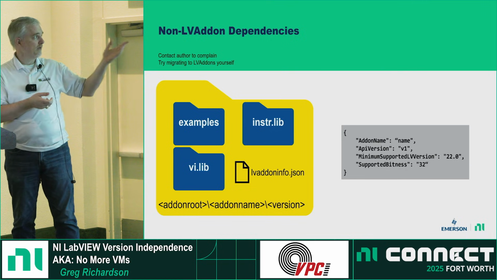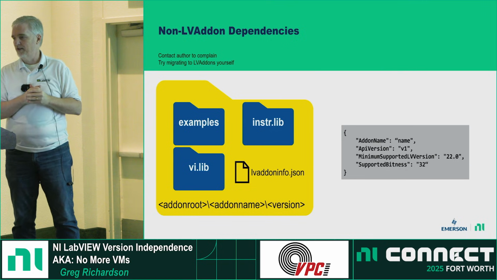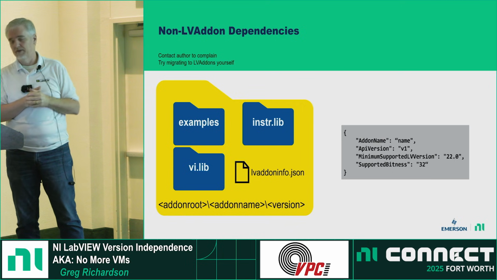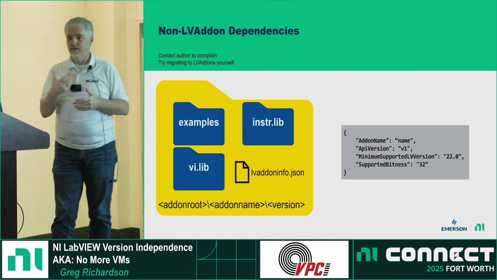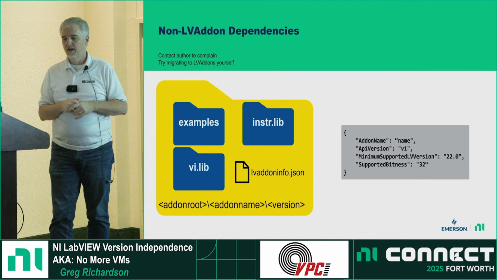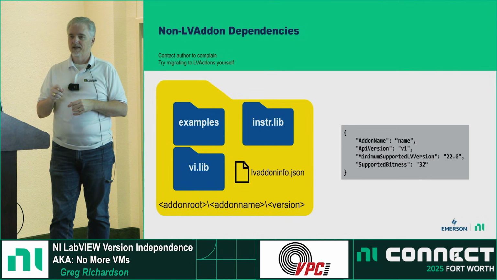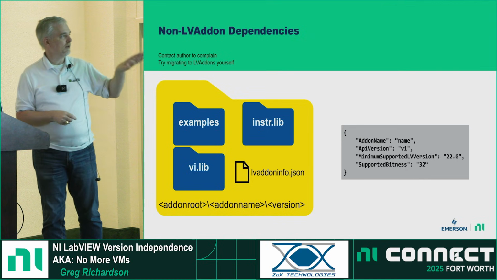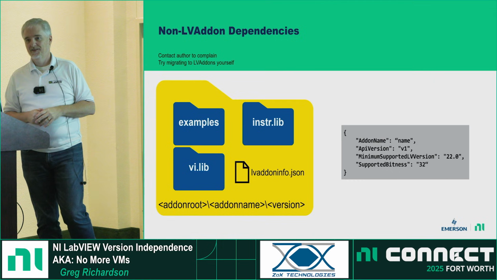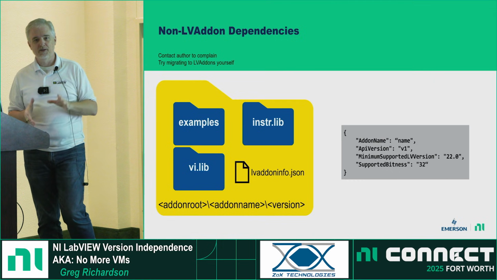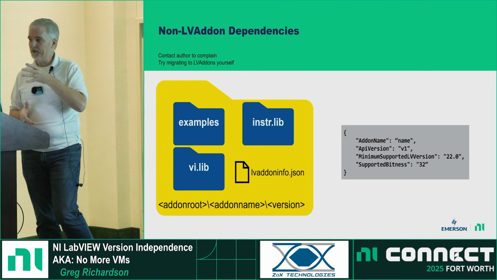So if there were examples, you have an examples directory with those files. If they put things into vi.lib, you have a vi.lib with those files. The only thing you have to add is this LV add-on info.json. It's a very simple JSON file. There are only 4 possible fields.